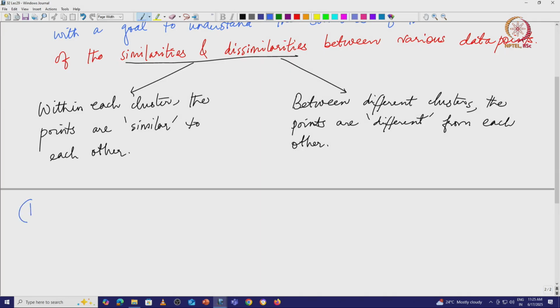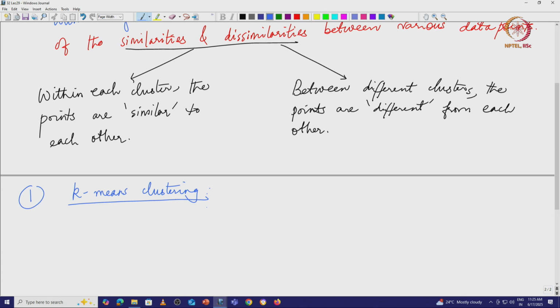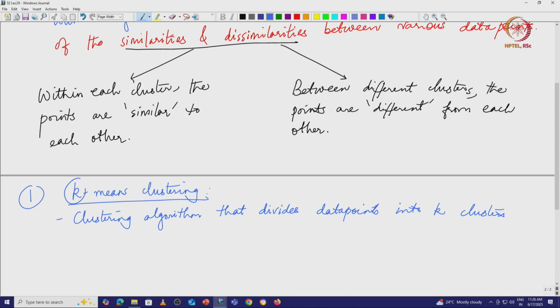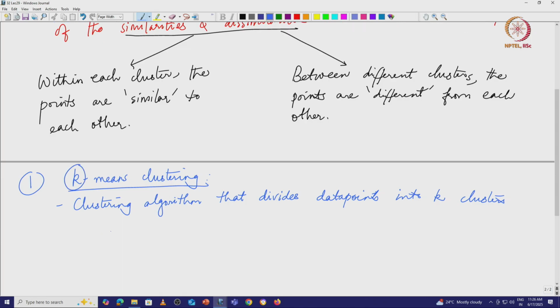So, the first algorithm I want to introduce for doing clustering is called k-means clustering. Okay. And here, right, it is a clustering algorithm that divides data points into k clusters. So that is why the name has a k, just like k fold cross validation, there are k folds.